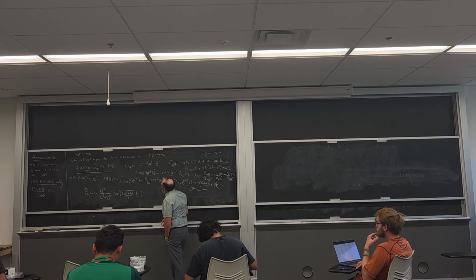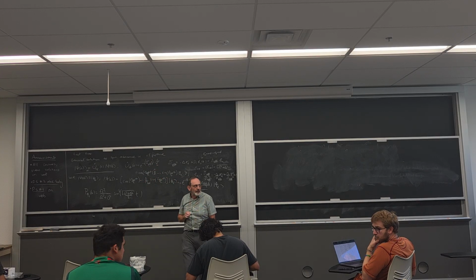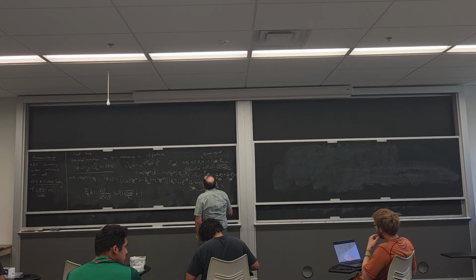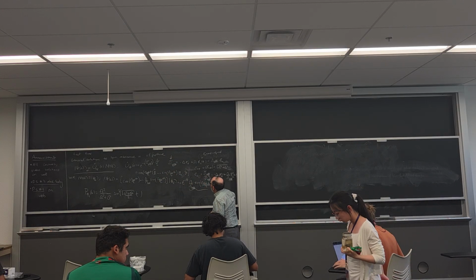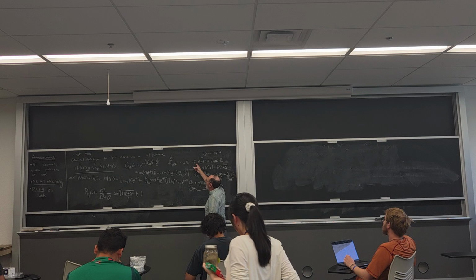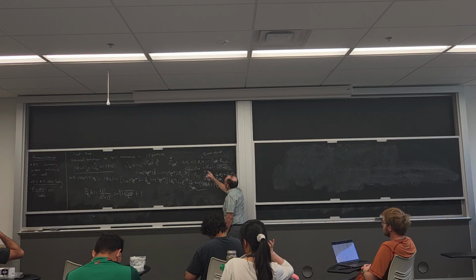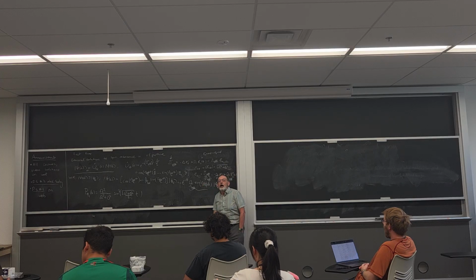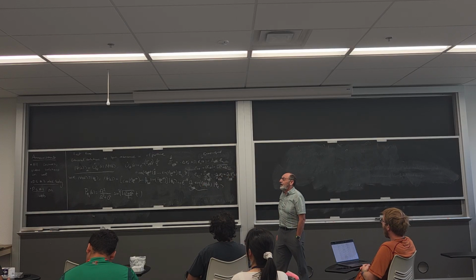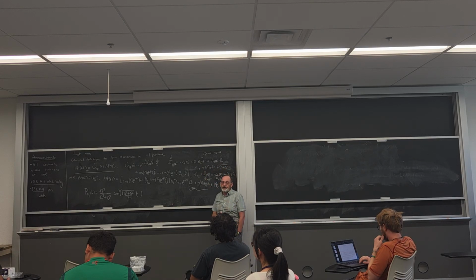An SU2 rotation is always a rotation by some angle around some axis, at an angular frequency, capital Omega effective, which has a transverse component and a longitudinal component, depending on the Rabi frequency and the detuning. The transverse component also depends on the phase of the drive. By varying the phase, we can vary the axis of rotation.